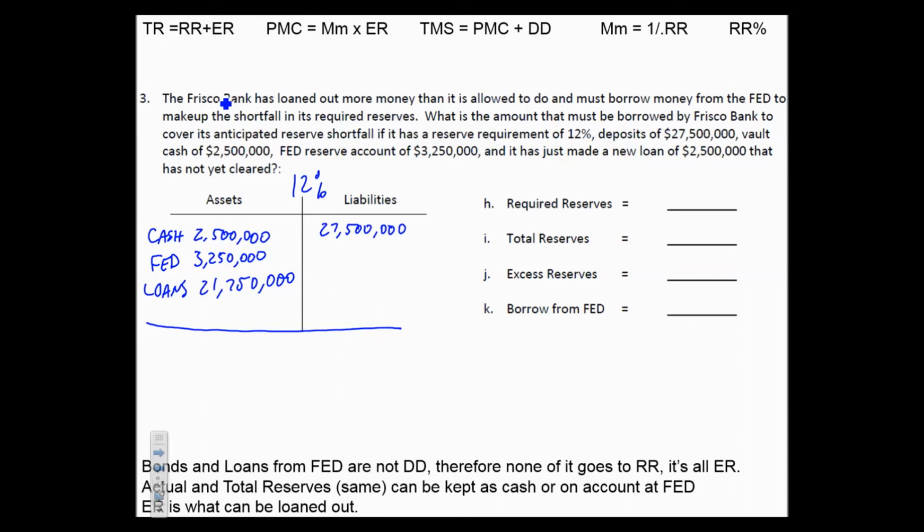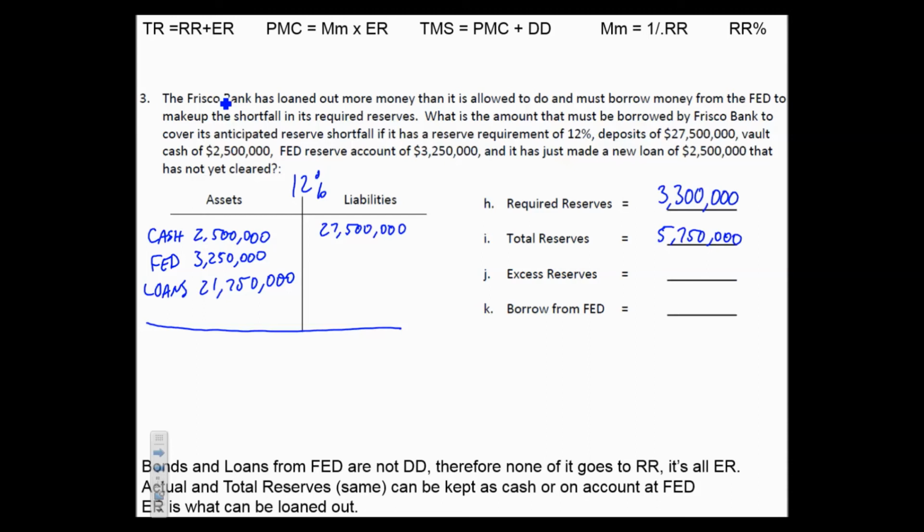What are its required reserves? 3.3? Okay. So that should be 12% of its deposits, right? Total reserves, it's just the cash it has plus the Fed, so 5,750. Very nice.